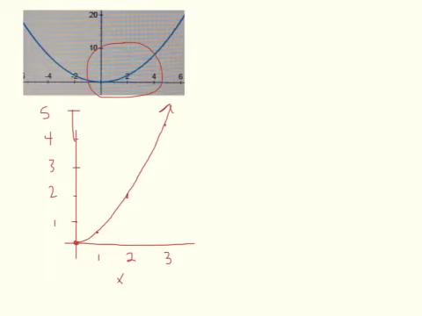So if I wanted to approximate the area under the curve, what I could do is split this up: 1, 2, 3. I can make a rectangle between 1 and 2, and a rectangle between 2 and 3, and then this top part I can approximate as triangles.